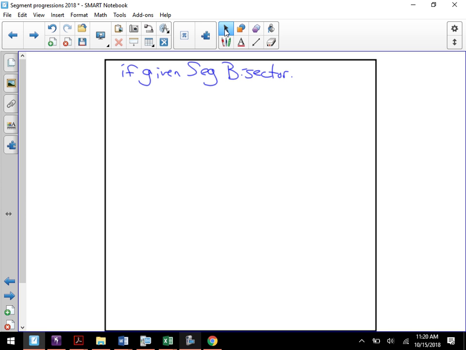Same thing. Okay? You're basically doing the same thing. Segment bisectors just don't have to be a midpoint. They could be a ray, they could be a line, they could be anything. Again, you would state segment congruent segment, or if you wanted, segment equal segment. It just depends on the setup that you're doing.